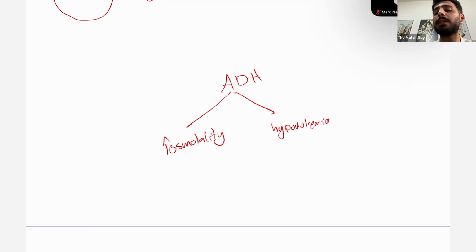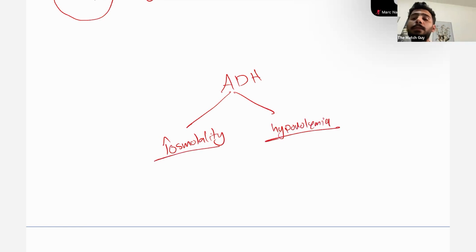Because what ADH does is reabsorb more water from the kidney back into the blood. And this is going to dilute the blood, since it's free water that we're reabsorbing back. So that's why it's secreted in increased osmolality to dilute the blood, and also in hypovolemia to get more water back into the body and help with the hypovolemia.